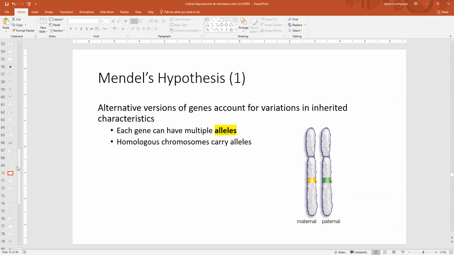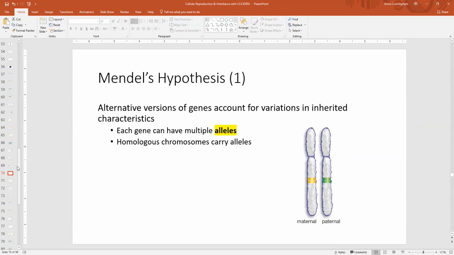All right, so in order to understand modern day genetics, we need to understand what Mendel discovered through his experiments. I'm not going to go through the pea plant experiment specifically because I believe your reading assignment goes through that.